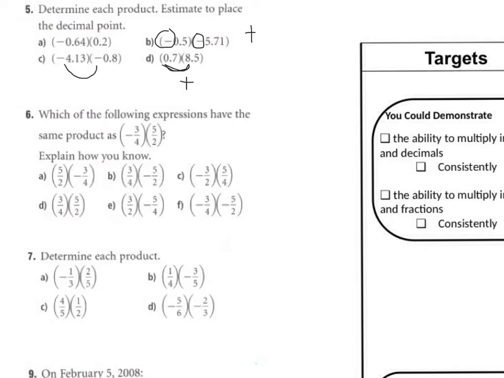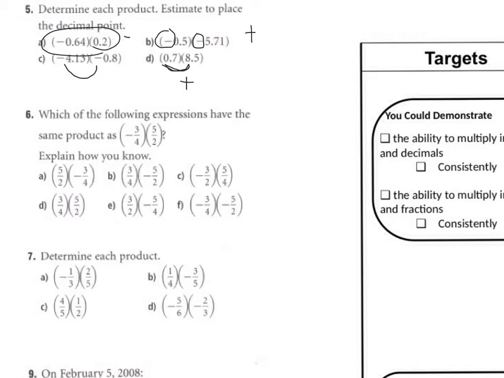Here, you're going to get a positive answer because the signs are both the same. And in situations like this, the signs are different, so you're going to get a negative answer. So essentially, when you're dealing with positive and negative numbers and you're multiplying and dividing, if they're opposites, you're going to get a negative answer, and if they're the same, you're going to get a positive answer.